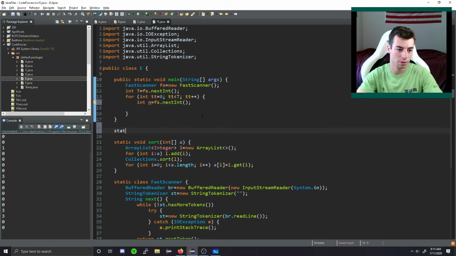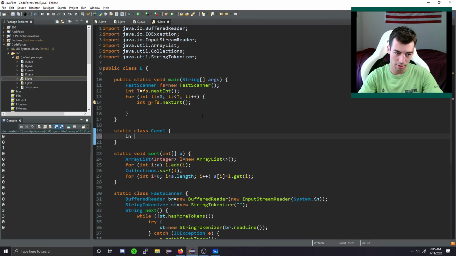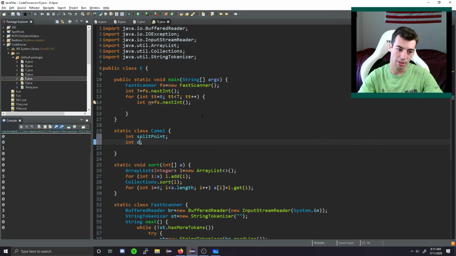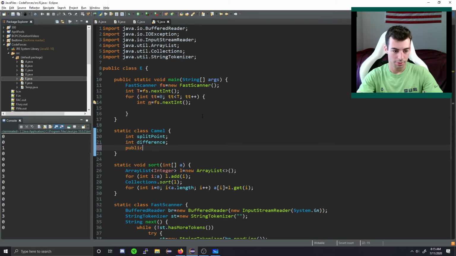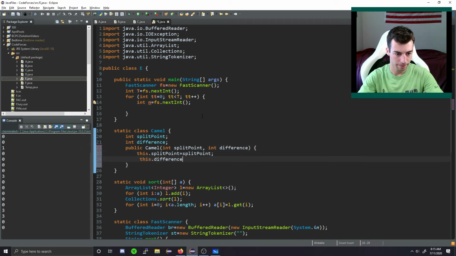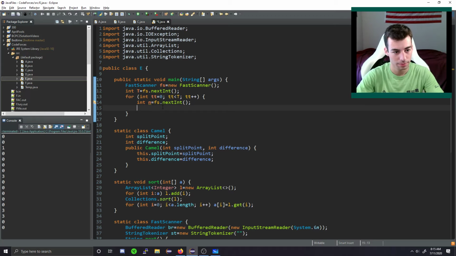Okay, so we'll make a camel, and they have a split point, right? Int, and then int delta, or int difference, I guess. Cool, so we have these camels. Now we need to make them.